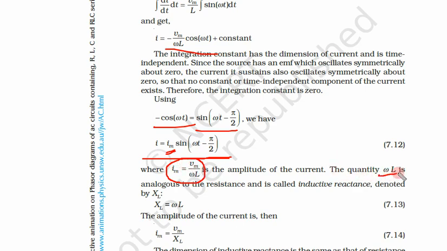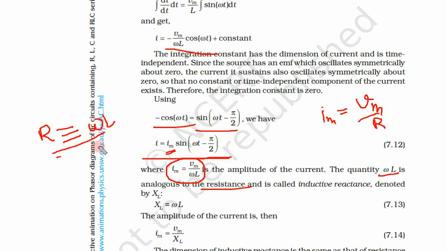The quantity omega L is analogous to resistance. What was the case in resistance? In resistance we have Im is equal to Vm upon R. Here we have omega L. So omega L is equivalent to R. It is not resistance but equivalent to resistance, and it is called inductive reactance.